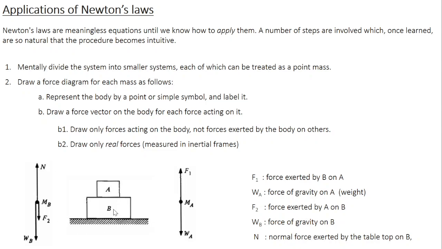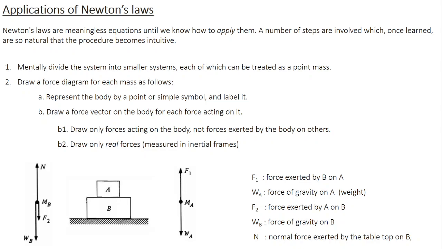So in this case, how do I draw the force vectors? I have point mass MA, and what are the forces acting on it? I know that B is going to exert a force on A in the upward direction. I call it F1.